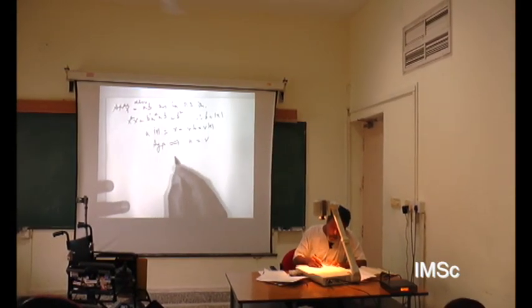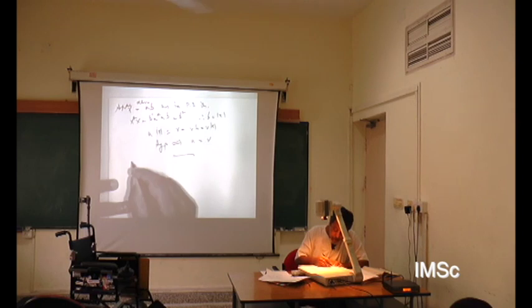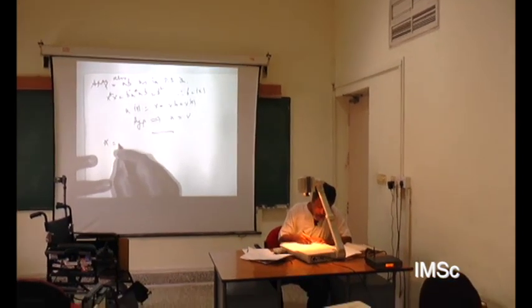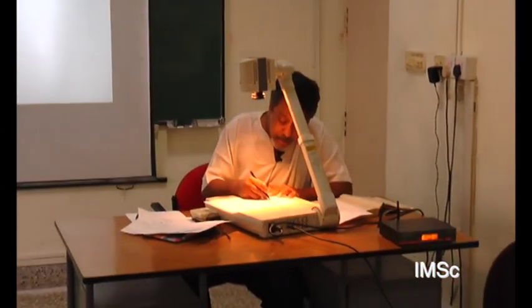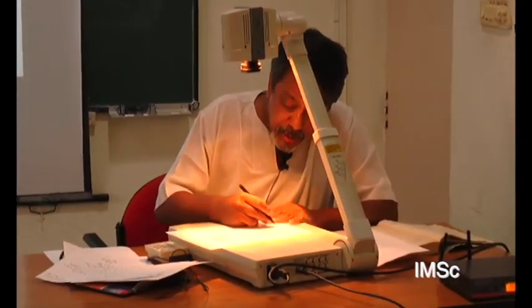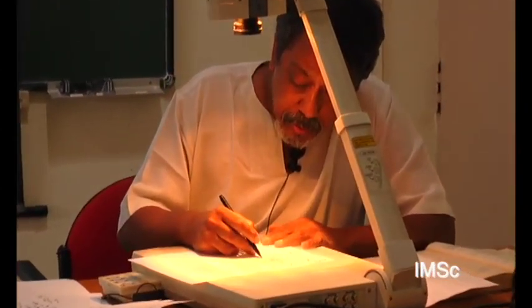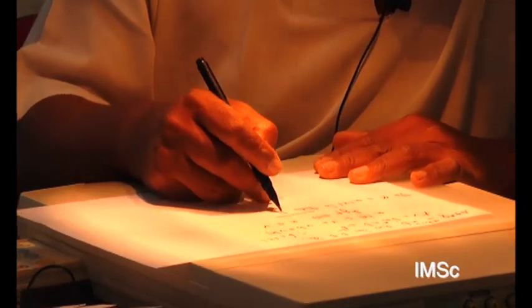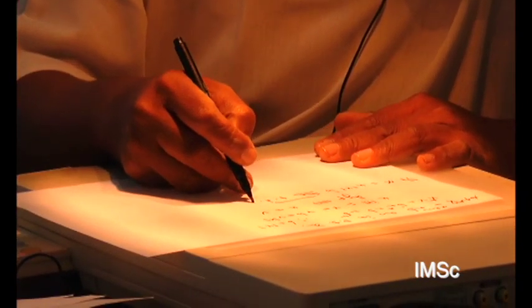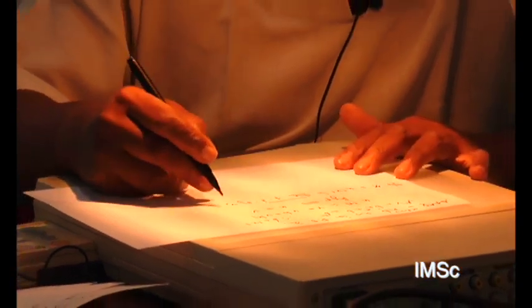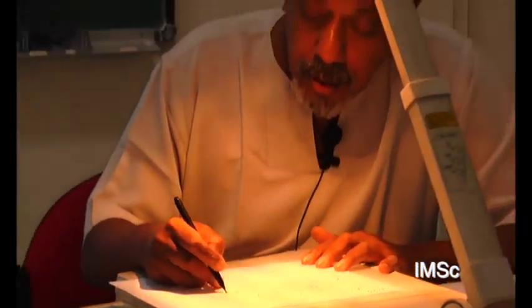Okay, and now if you look at the polar decomposition, x equals u mod x, right? If there is a polar decomposition of x, then you just take adjoints.